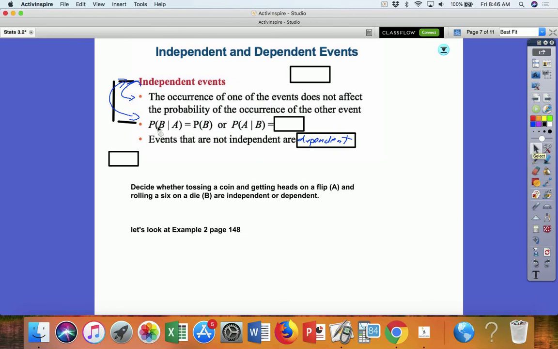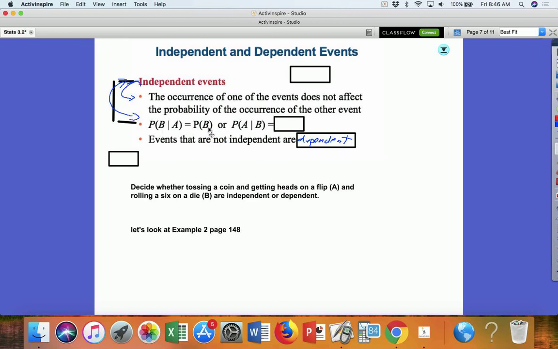Right? So if this probability is equal to this probability, then did this restriction change the probability of B occurring? No. So if they're equal, independent. Okay? Or if the probability of A given B is equal to the probability of A, then A and B would also be independent.